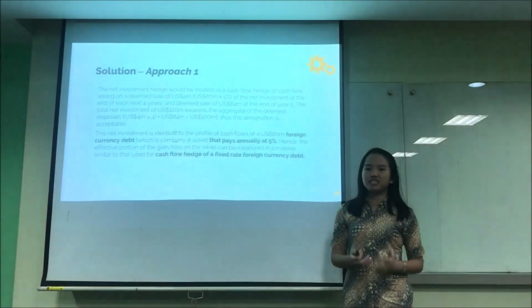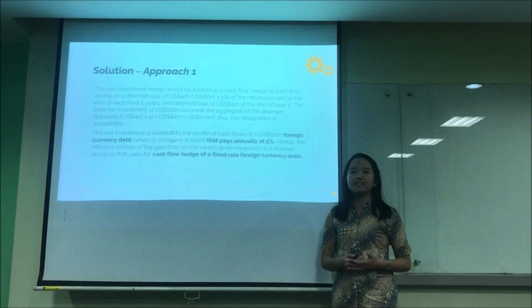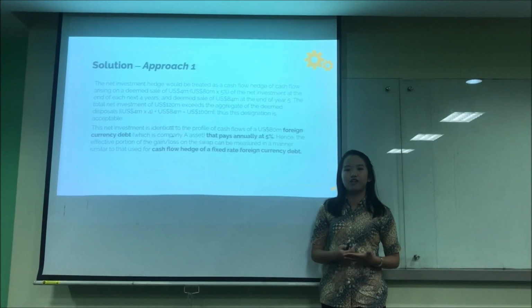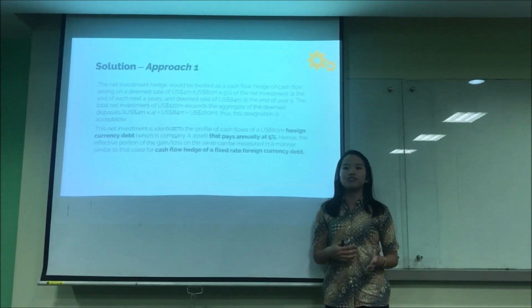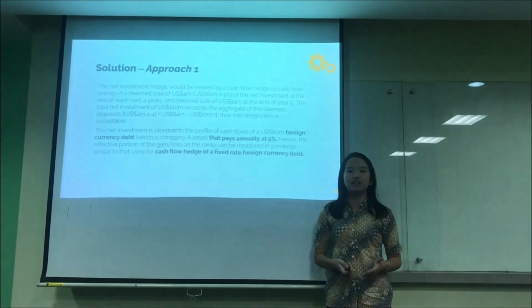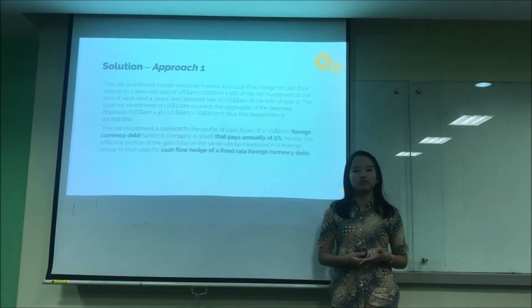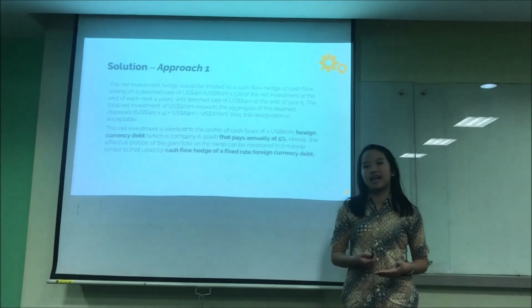Thus, this designation is acceptable. This net investment is identical to the profile of cash flows of a US$80 million foreign currency debt, which is the company A asset that pays annually at 5%. Hence, the effective portion of the gain or loss on the swap can be measured in a manner similar to the cash flow hedge of a fixed rate foreign currency debt.